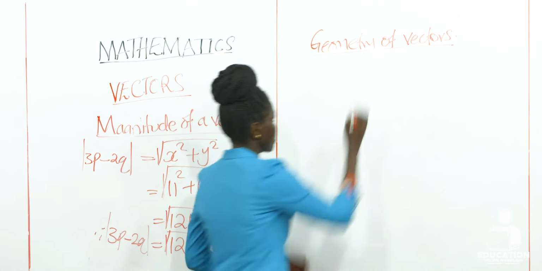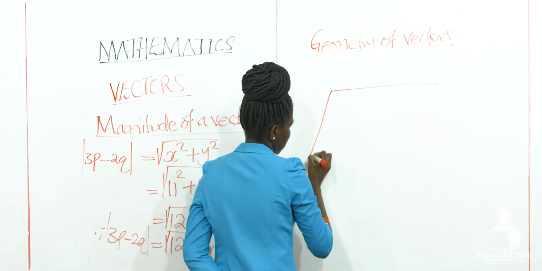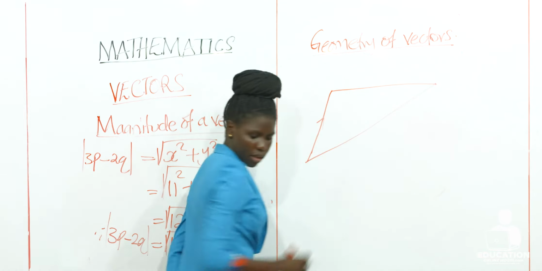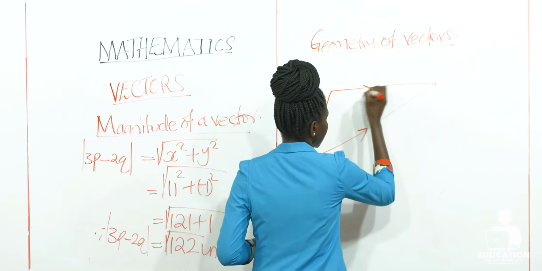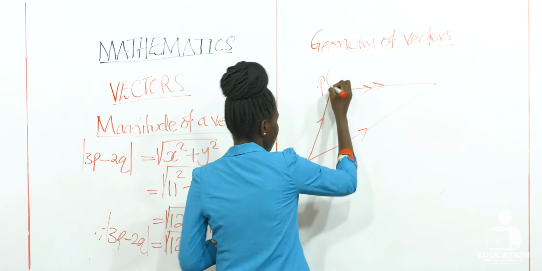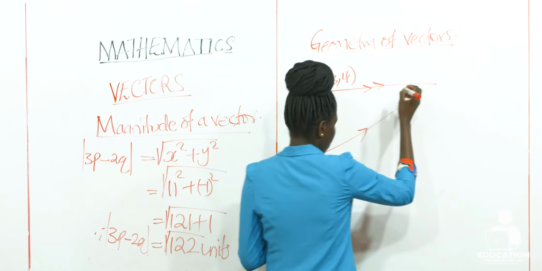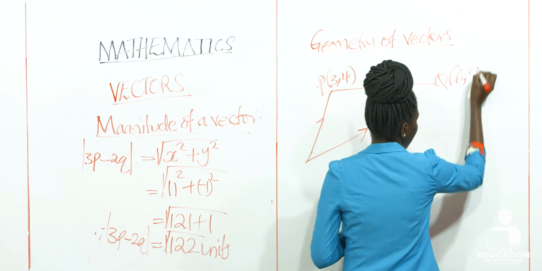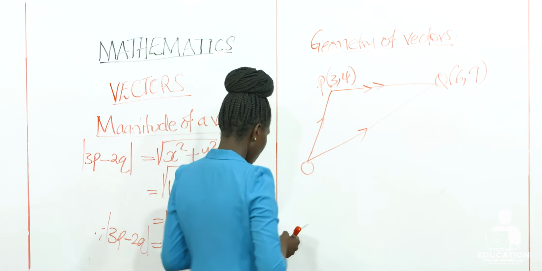When we have something like this, we shall have this. The arrows tell us the direction being taken. This is P, (3, 4). This is Q, (6, 9). Then here is the origin.